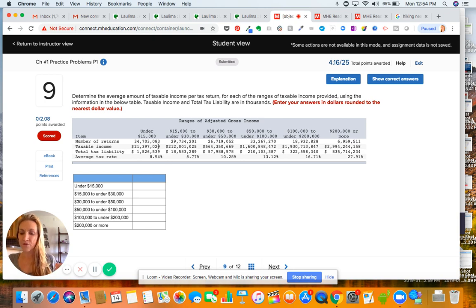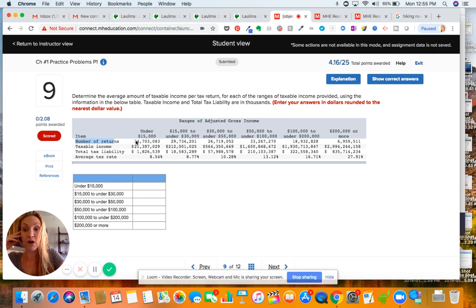I'm not sure what year this one is for, but it's pretty interesting. These are showing, for each tax bracket, under 15,000, 15,000 to 30,000, 30 to 50, 50 to 100, 100 to 200, 200 or more. So this must have been a prior year.